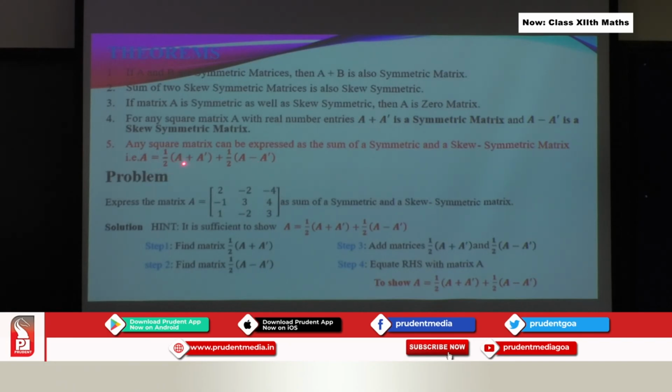Now, what kind of problems will you have on this theorem? Here, see, the problem is: express the matrix A as the sum of a symmetric and a skew symmetric matrix. When you get this kind of statement, you need to prove this statement. This is your LHS, this is your RHS.